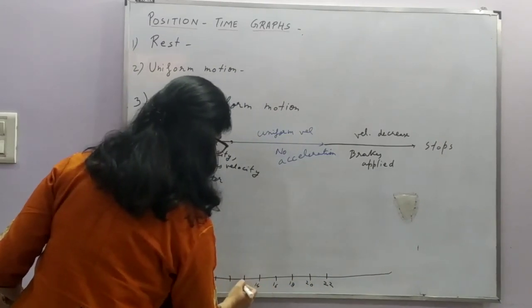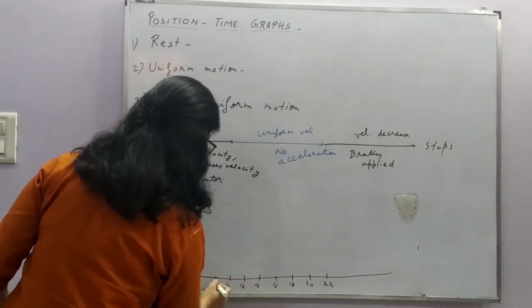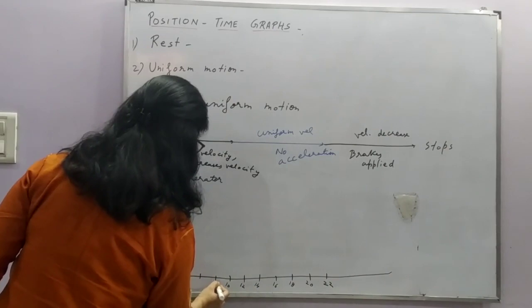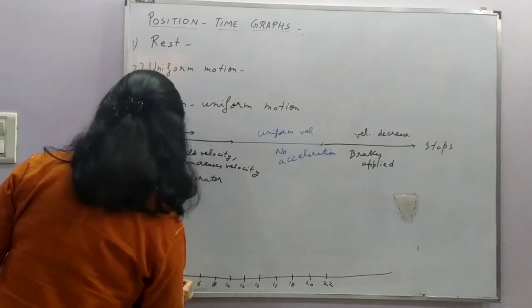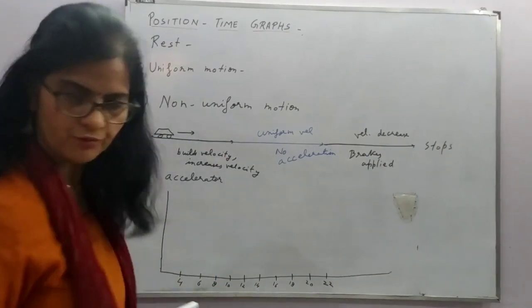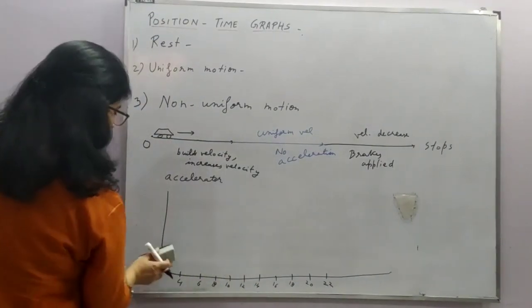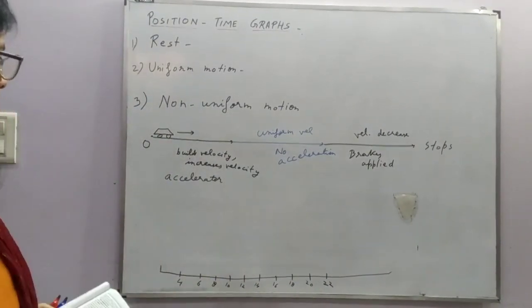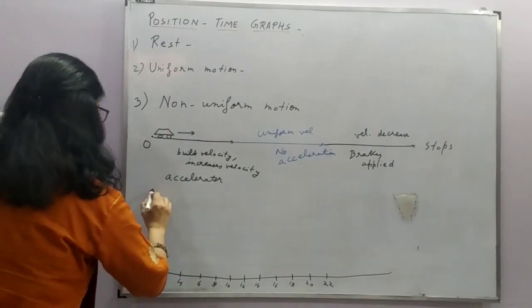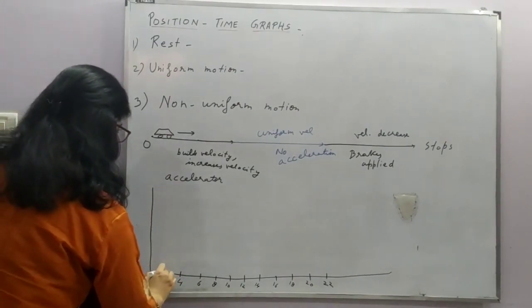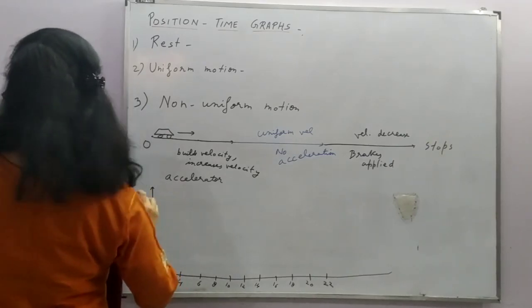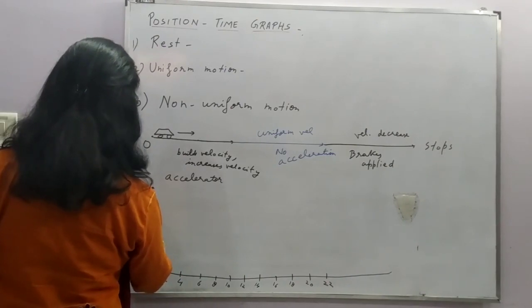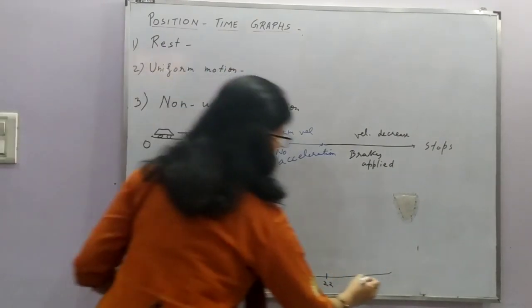This is 14, this is 12, this is 10, this is 8, this is 6, this is 4, and this is 2 over here, right? And for the position, I am marking it here. This is time in seconds.